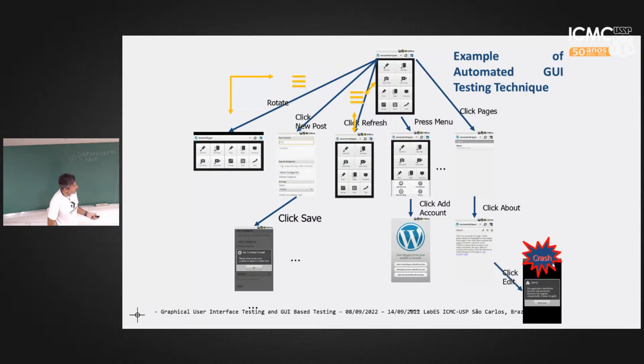and if I click on edit, I find a crash. This is a real crash that was, I don't remember the version, a paper of 2017. But in that paper that was published in the Automated Software Engineering Conference, we found real crashes on WordPress.